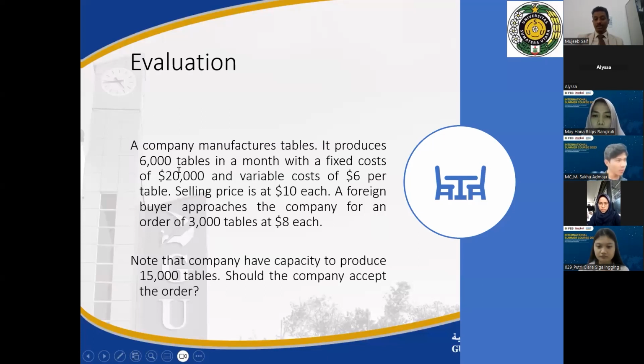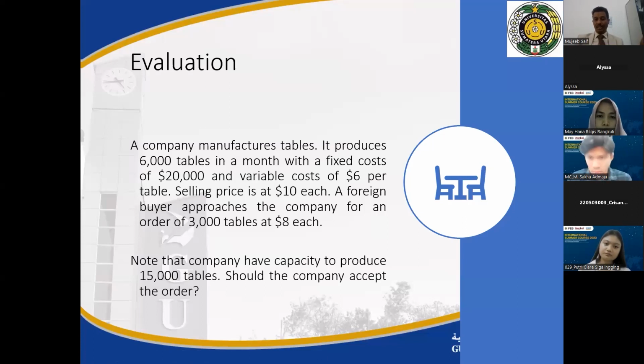It produces 6,000 tables in a month, with a fixed cost of $20,000 in total. Fixed cost means things like electricity, rent, and so on.